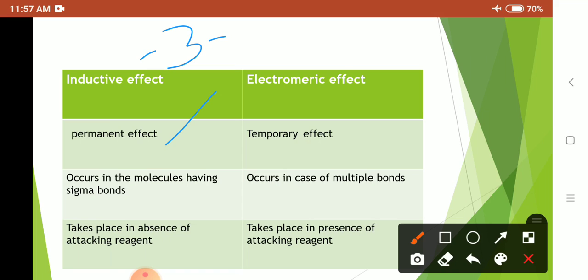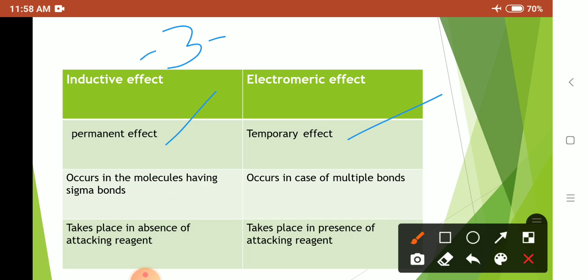That group is always present in the molecule, therefore it is a permanent effect. But electromeric effect is a temporary effect because it takes place in presence of an attacking reagent. If the attacking reagent is removed, then the electromeric effect stops.